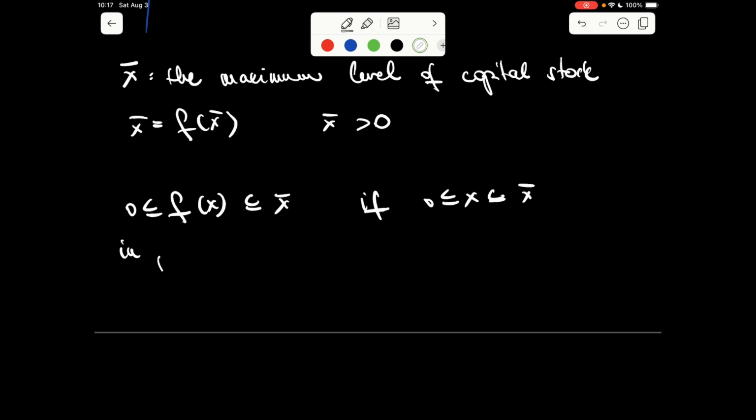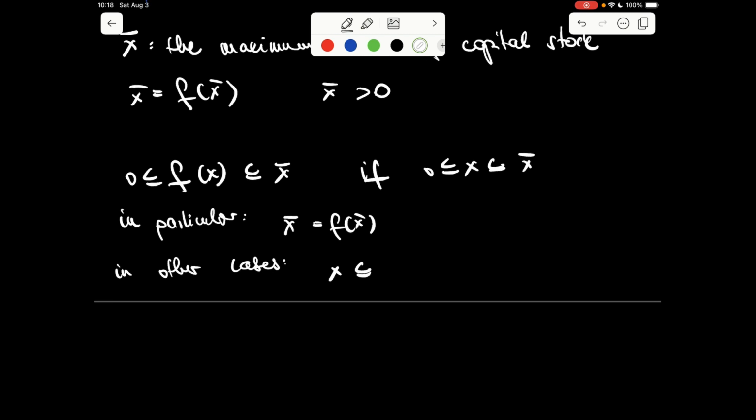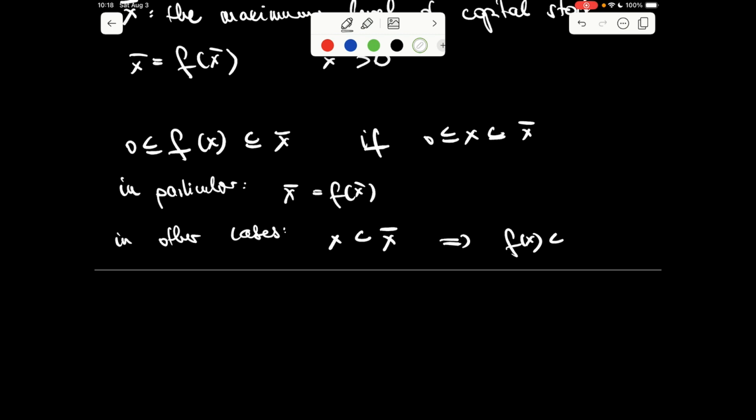In particular, this is a fixed point. I reiterate it for emphasis. In other cases, for capital stock which is strictly under this maximum level, production is lower than this upper threshold.